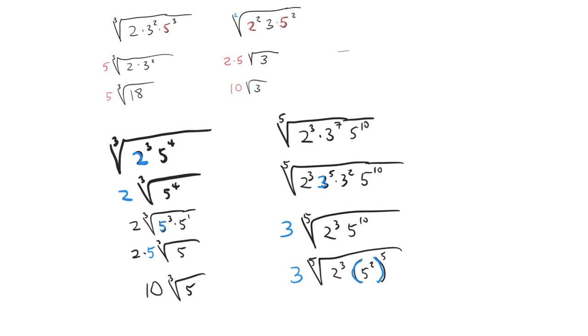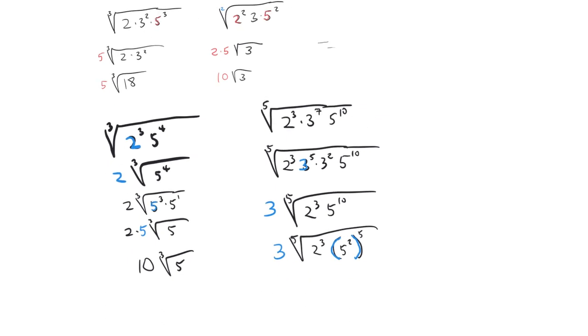So who gets out of jail? This entire thing gets out of jail. So therefore, what that would look like is we have the 3 kind of minding its own business. We have the 5 squared out of jail. Remember, it's not going to be to the fifth power because this is like the ticket to freedom. This blue parentheses handed this ticket over to the jail guard in exchange for his freedom.